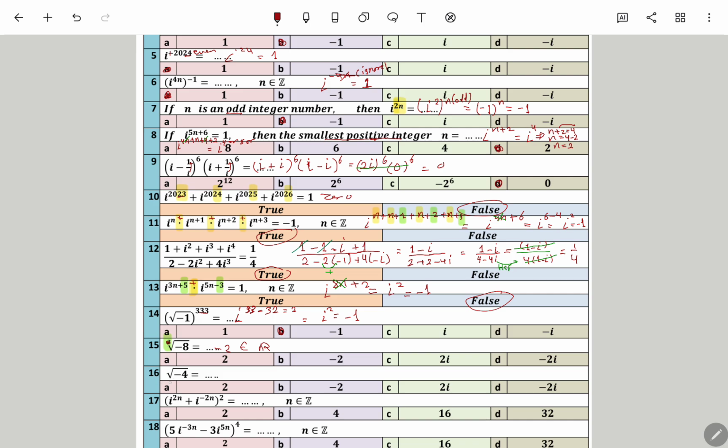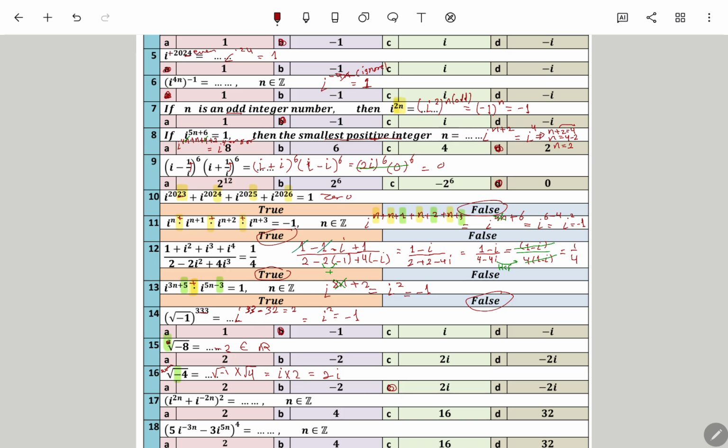In question 16, you have a negative under a square root, and because it is an even root with a negative sign, you are going to have i. So take care. You can have square root of -1 and square root of 4. That will change it to i times 2, which is 2i.